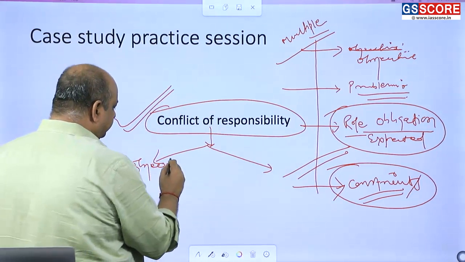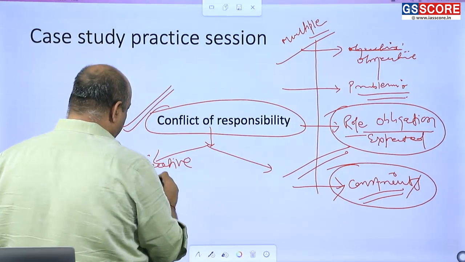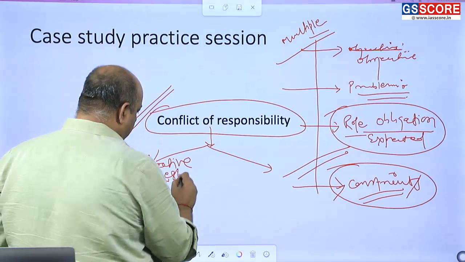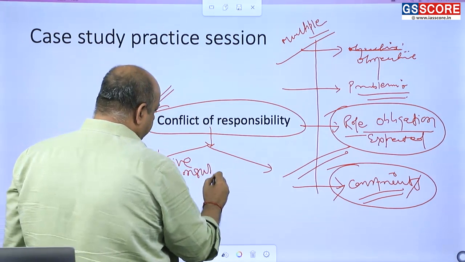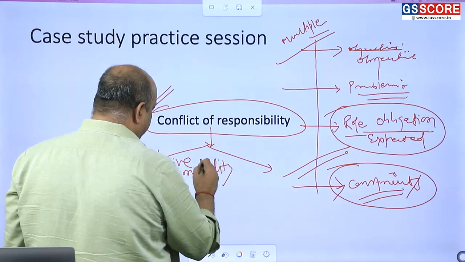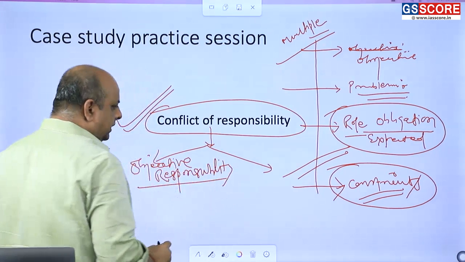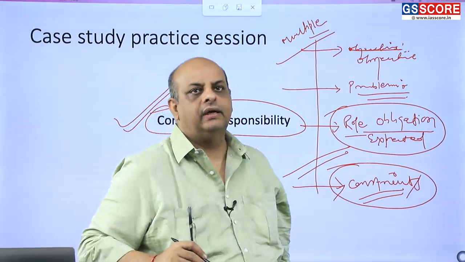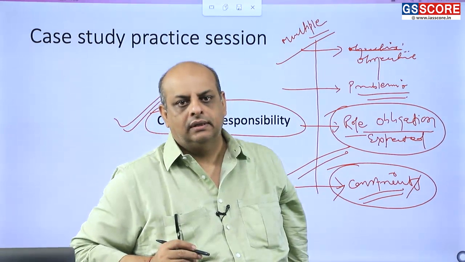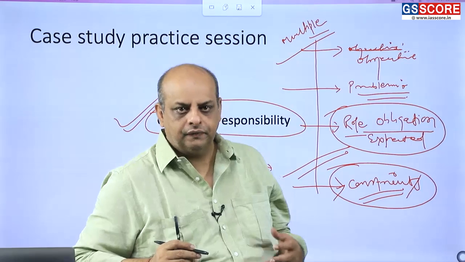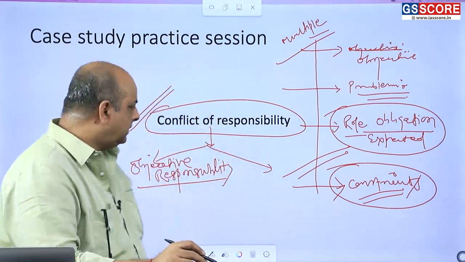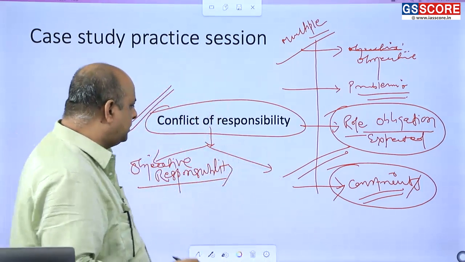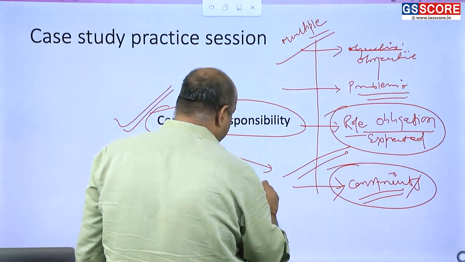Again, you don't have to write all these things, but for the sake of understanding the demand, how to locate a specific demand in the question, I am taking this session. One is objective responsibility, another is subjective responsibility.